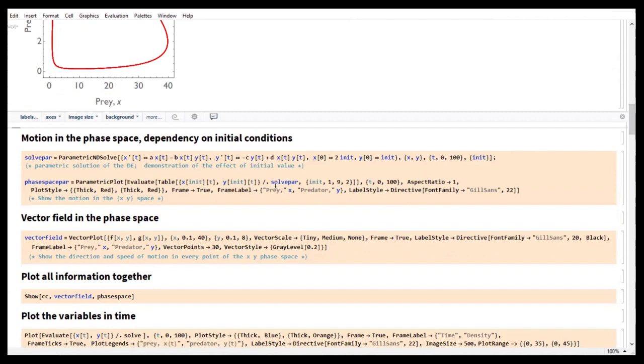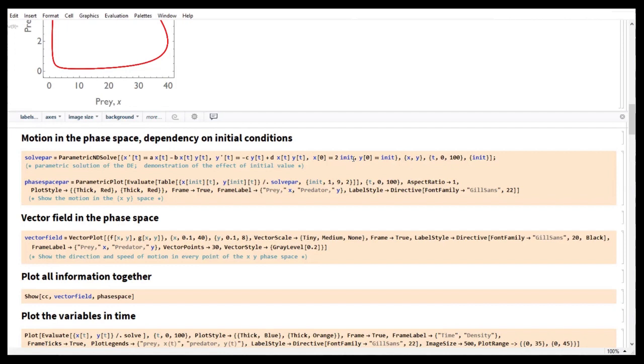After that, I said that the problem with the classical Lotka-Volterra system is that the amplitude of the cycle depends on the initial condition. To show it, we use the parametric numerical solution of the differential equation, and you can see there is a specific command for that as well. So we solve this differential equation system, but the initial conditions are the parameters of it.